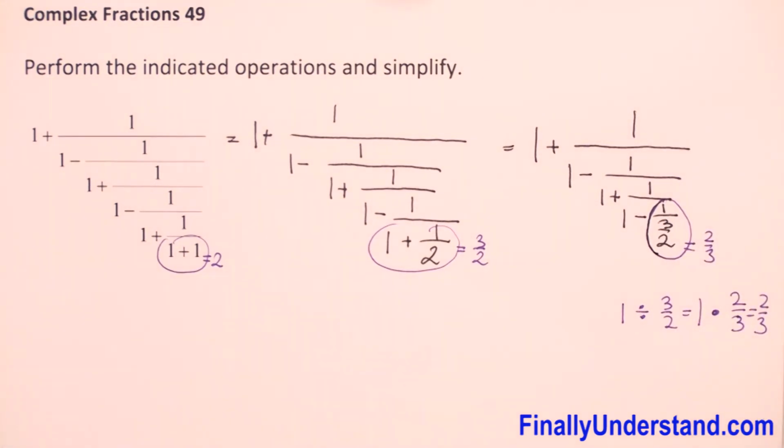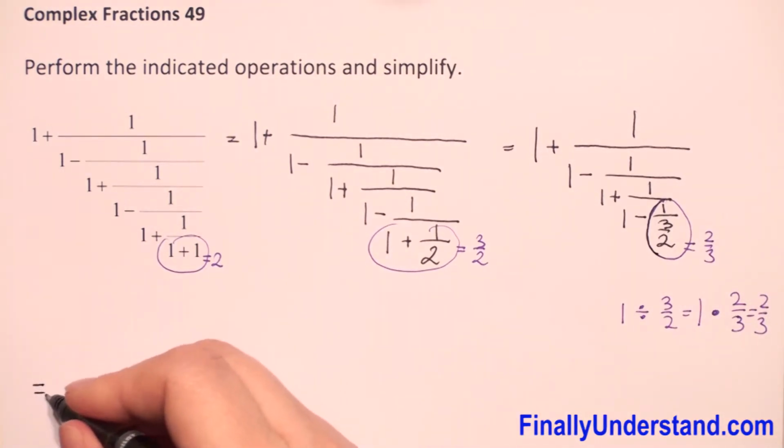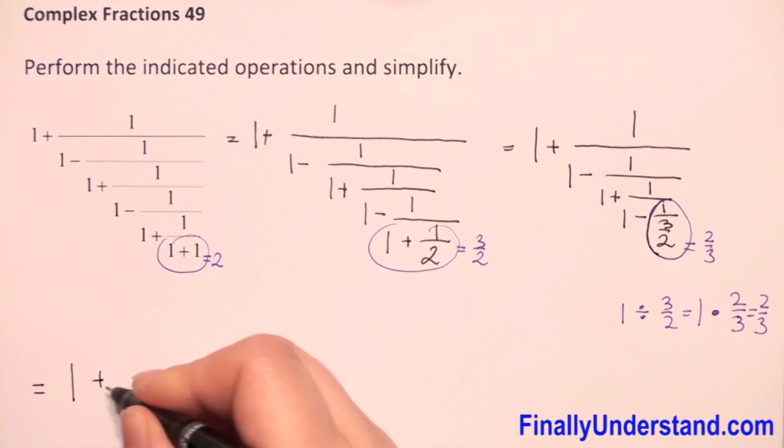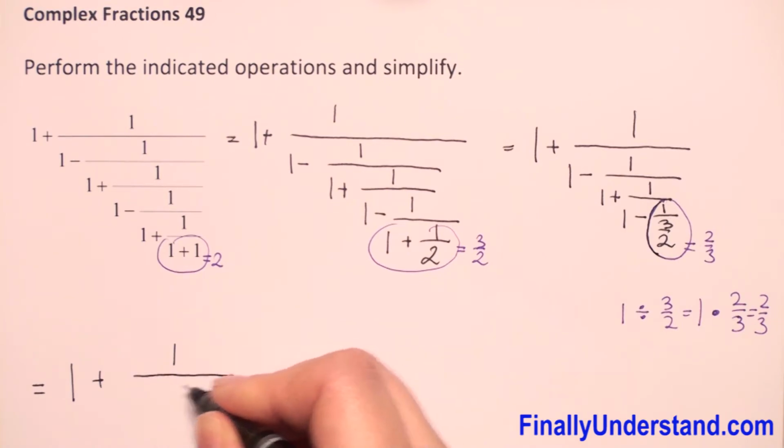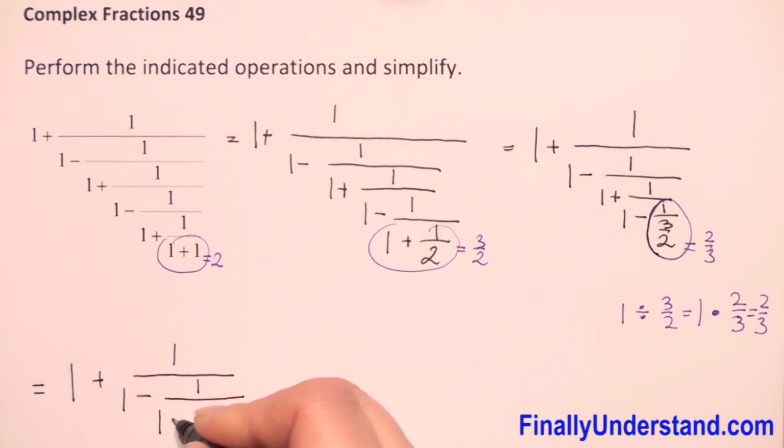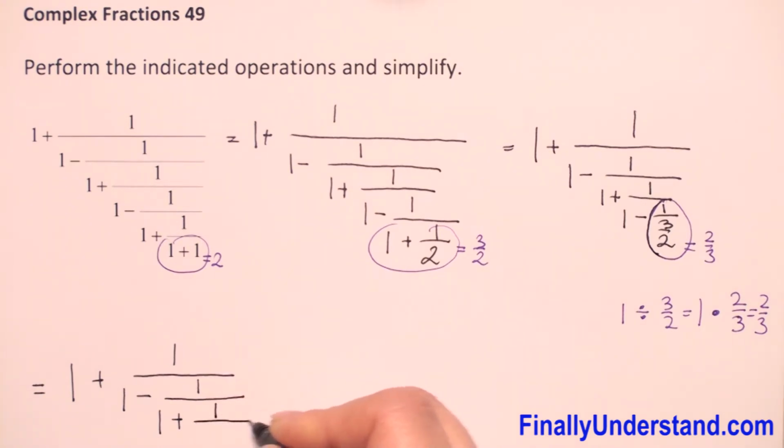And now let me copy from the beginning. We have 1 plus 1 over 1 minus 1 over 1 plus 1 over, we have 1 minus 2 over 3. 1 minus 2 over 3 is 1/3. Why?